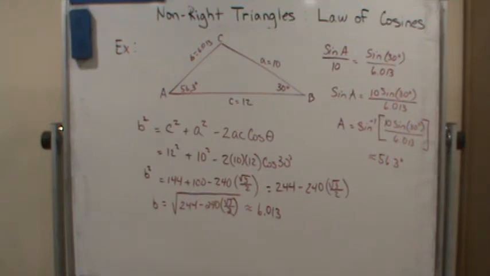Again, we have to look at possible other triangles. We could have 180 minus 56.3.